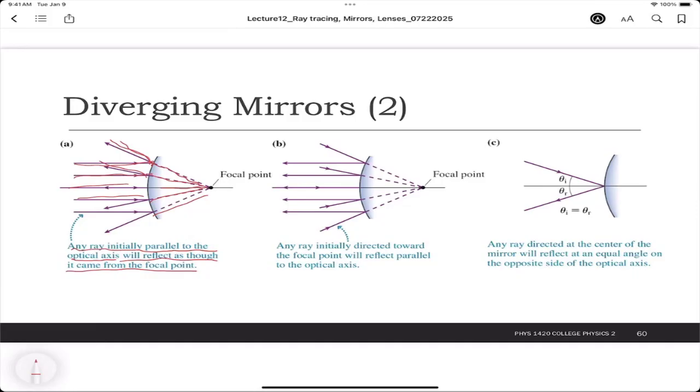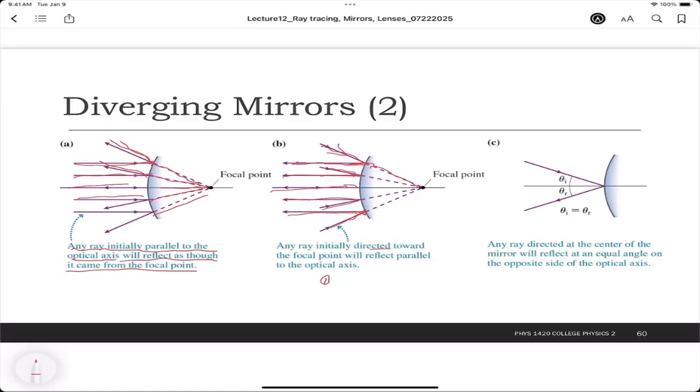And this is the second type of ray. Any ray initially directed toward the focal point will reflect parallel to the optical axis. You can see those rays directed toward the focal point, and then they hit the mirror and they will reflect parallel.